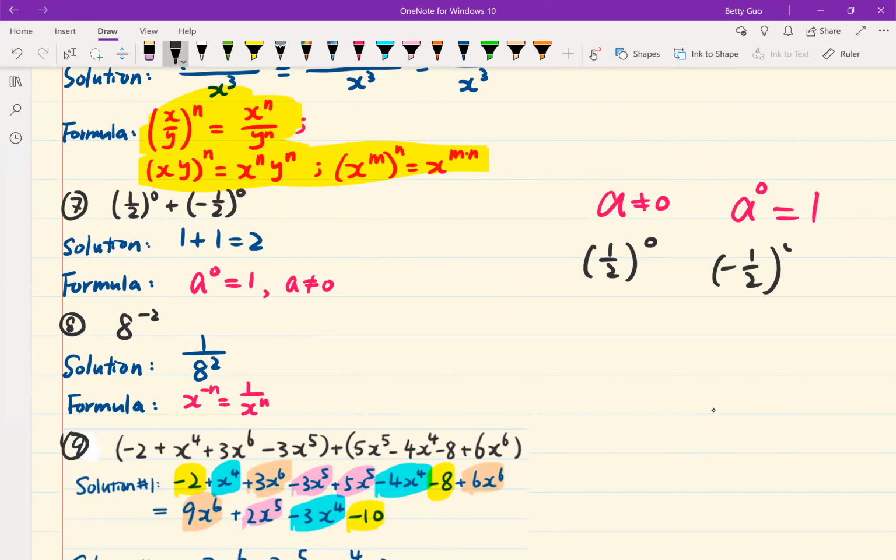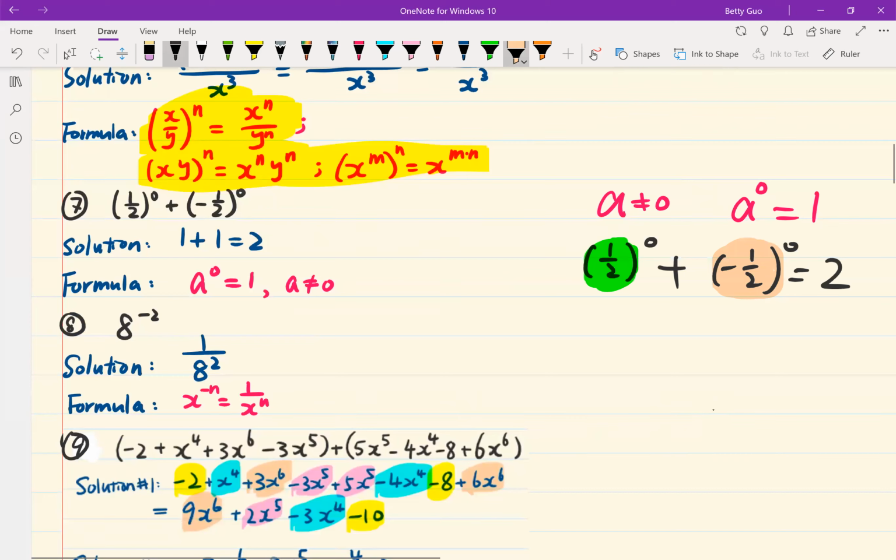Negative half to the power of 0 is 1 as well, right? 1 plus 1, you have 2. Any quantity, as long as the quantity is non-zero, to the power of 0 always gives you 1. The same here. Any base, as long as the base is non-zero, raised to the power of 0 always gives you 1.